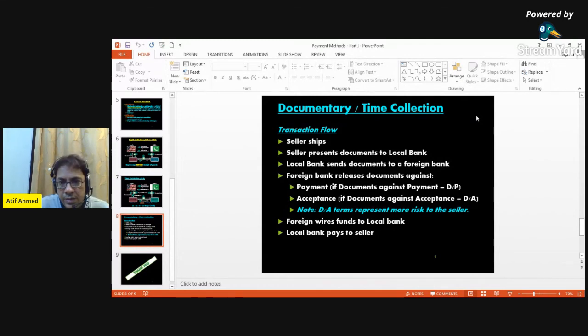So DA terms basically represent more risk to the seller, because they are going to allow credit for a longer period to the buyer. After that, the foreign bank wires funds to the local bank, and the local bank pays the seller. So this is basically the detailed, longer period method, time collection, and this is also risky unless you have a good relationship with your buyer.